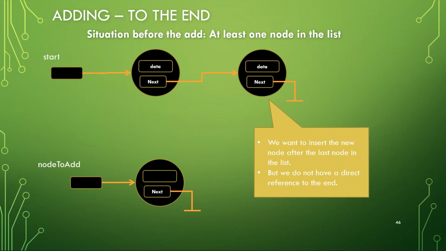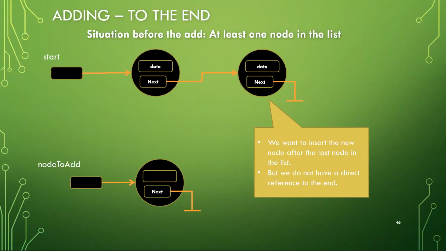So we're fine. What we have to deal with afterwards is that we have one or more nodes that are actually in the list. So what we need to do is set a moving reference to the very beginning of the list and move all the way to the end so we find where the end is and then properly insert it from there. And so we don't have that direct reference.